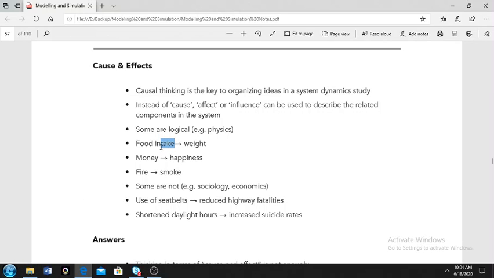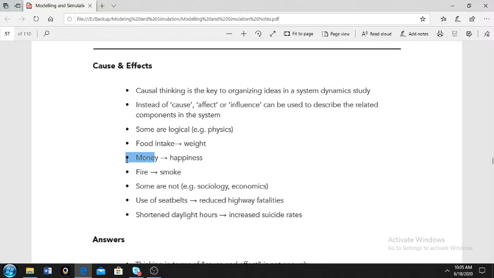If you take food intake, if you take food, this is a cause, the effect will be the weight. So we assume that if you eat too much, you will gain weight. So this is a cause and this is the effect.